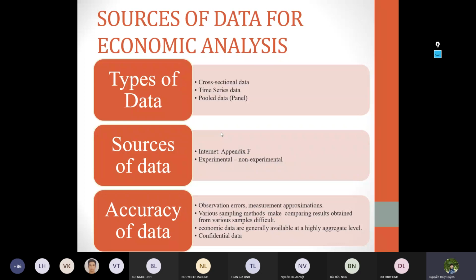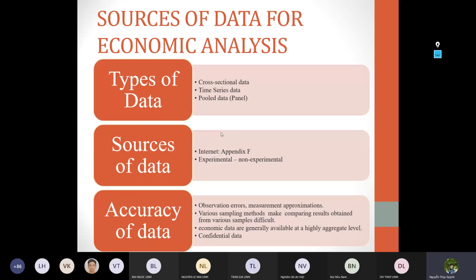All right, and sometimes you may not get a satisfactory result. You may see that what you get from your model is different from the economic theories that you have studied or that you have read. That may not be because your model is wrong. That may be because of inaccuracies of the data.